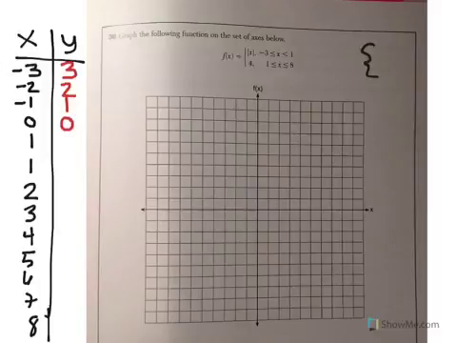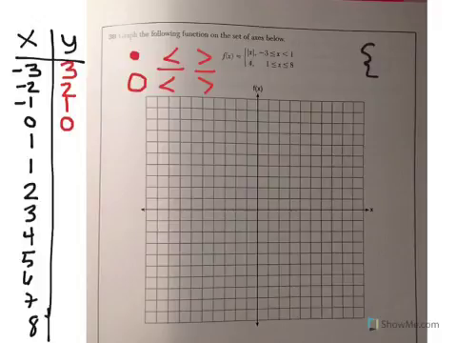If you notice, negative 3 is less than or equal to. When you have a less than or equal to, or you have a greater than or equal to, you're going to have a solid dot when you graph the line. However, if you have a less than or if you have a greater than, there's no line underneath, it's not equal to, you need to have an open dot.